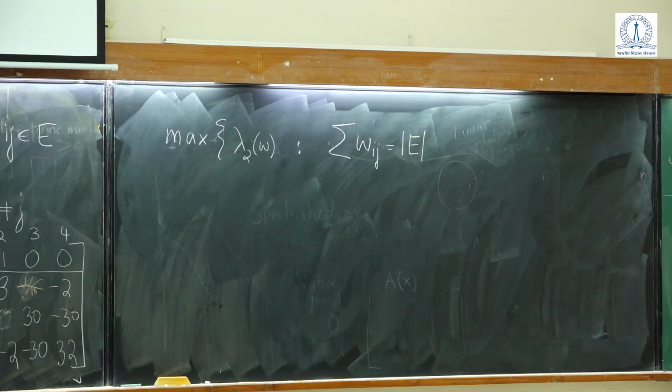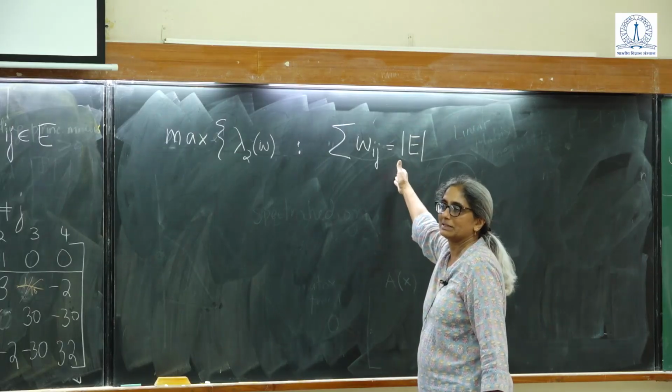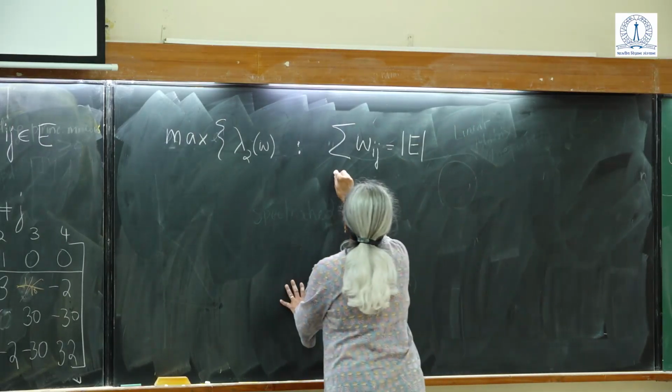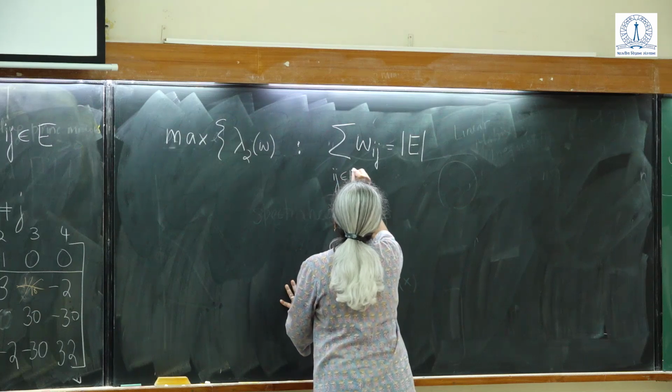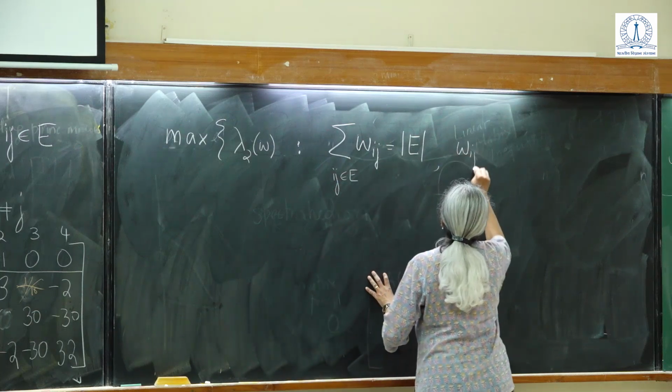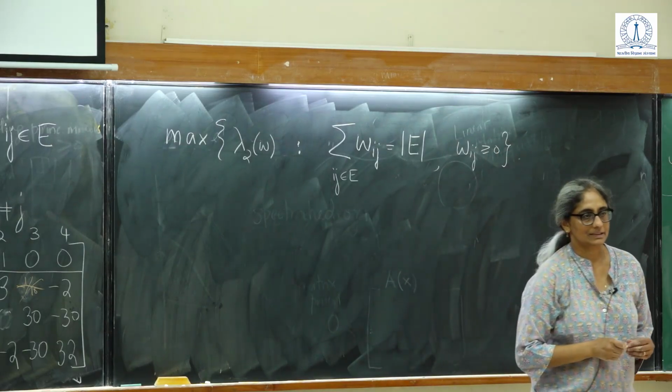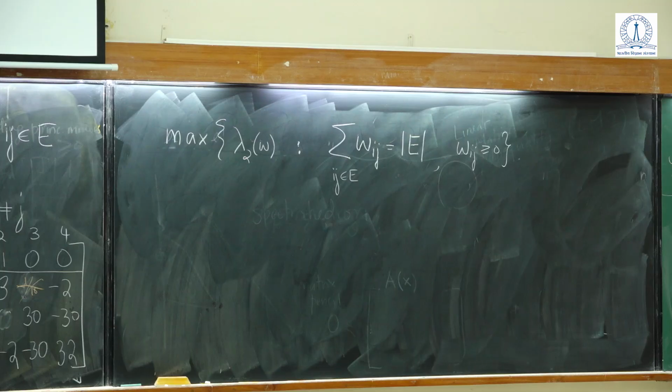I'm going to just normalize it somewhere. You could make this 1, you could make it your favorite number, but fix it. So we're going to normalize the weights. This is over all ij in E. And I want w_ij to be non-negative. This is the problem. Okay? Maximize lambda 2 after you have normalized the weights.